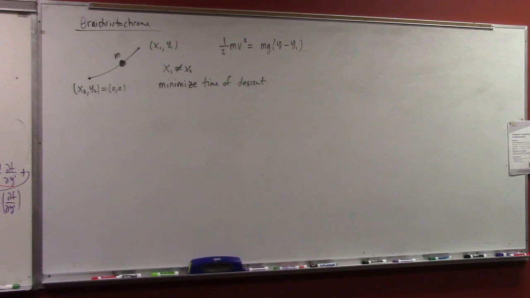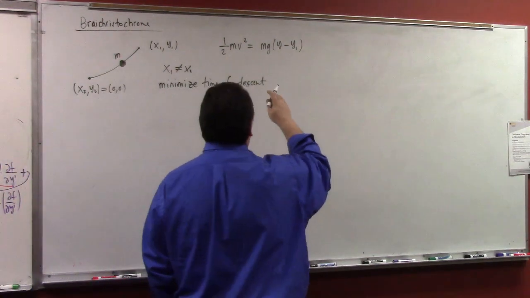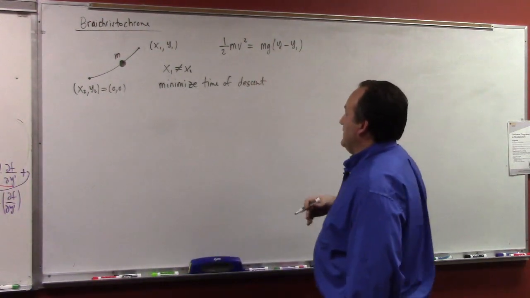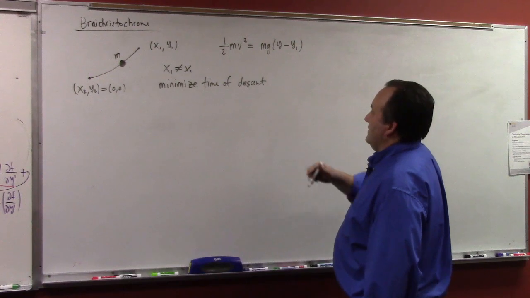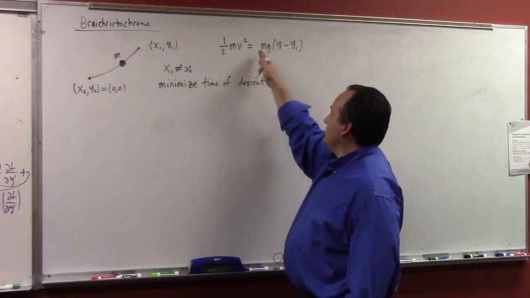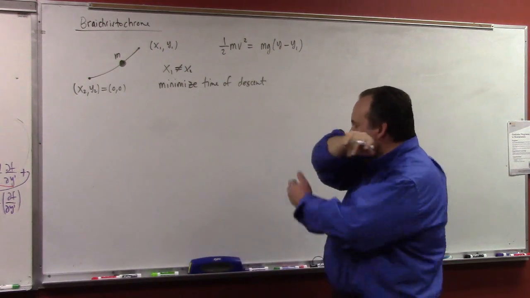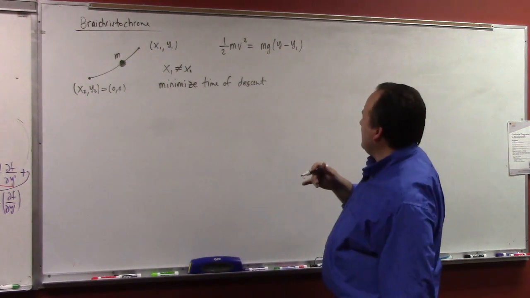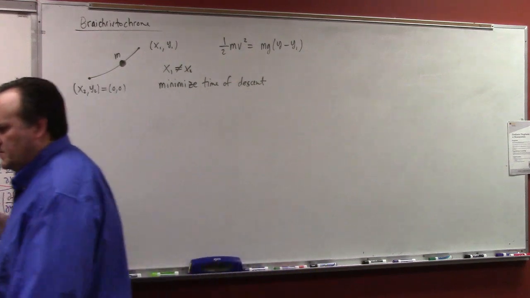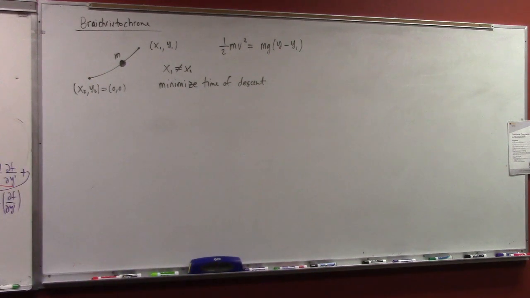If you put y equal to y1 in this formula, we get 0 for the potential energy term, equal to 0 for the kinetic energy. Excuse me, should that be y minus y1? Is that the right way?